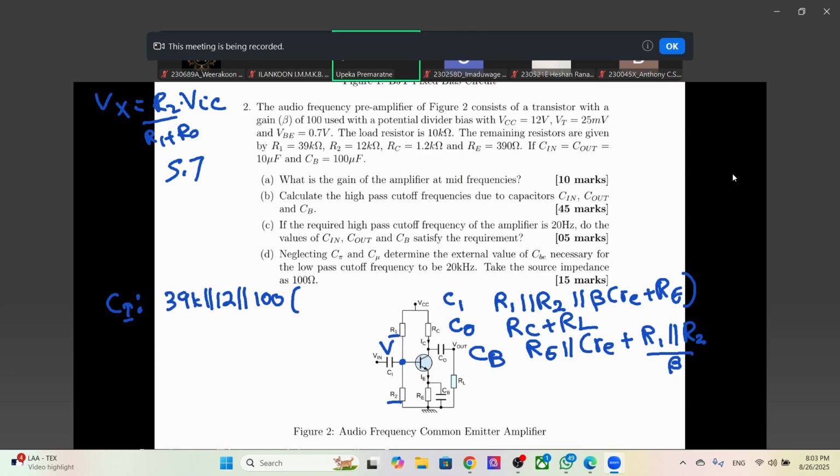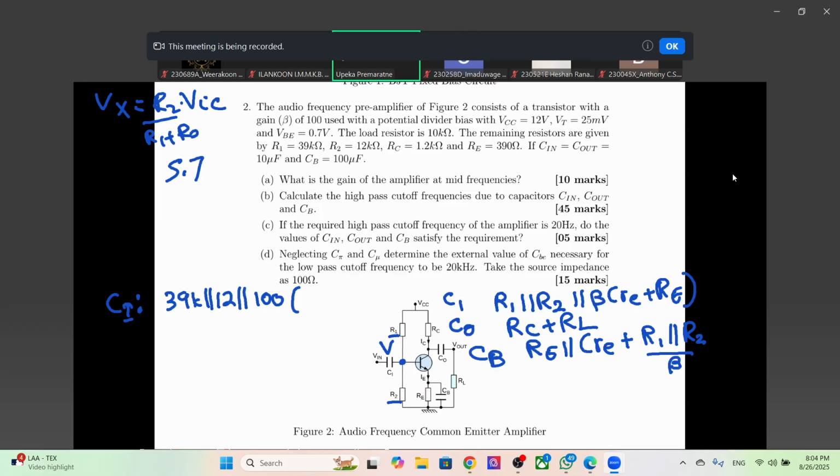So you don't have to derive it; for this kind of problem, you can straight away take this as a potential divider.